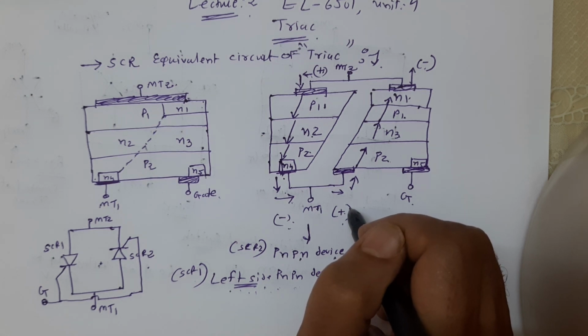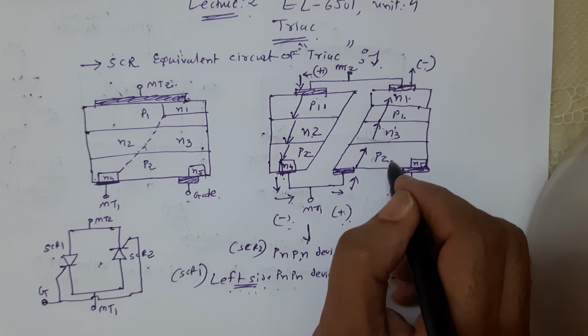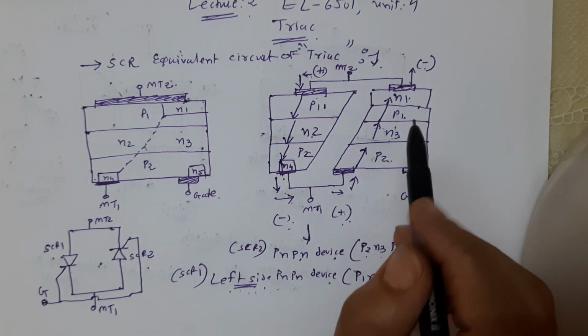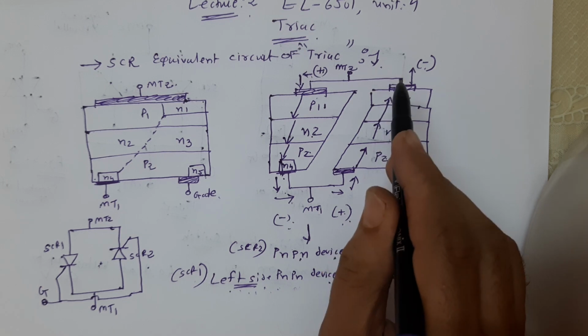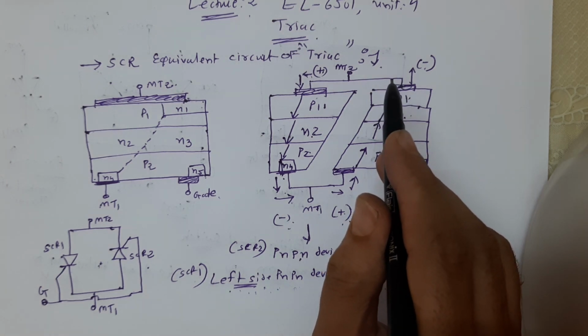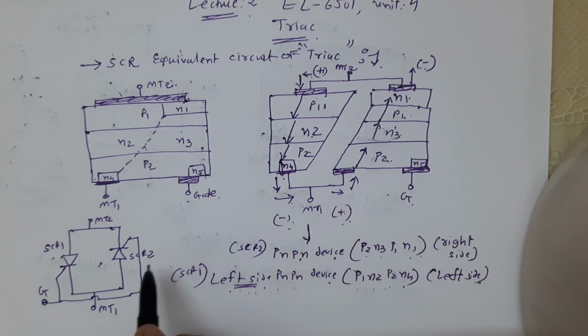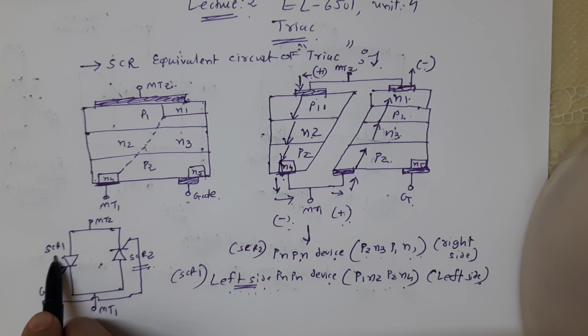The current through the device follows the path of the right half, that means P2, N3, P1, N1 in this direction. In terms of the SCR figure, SCR2 is on and SCR1 is off.